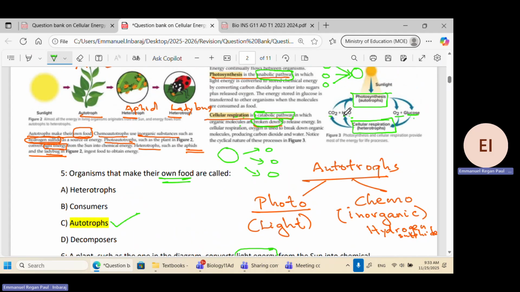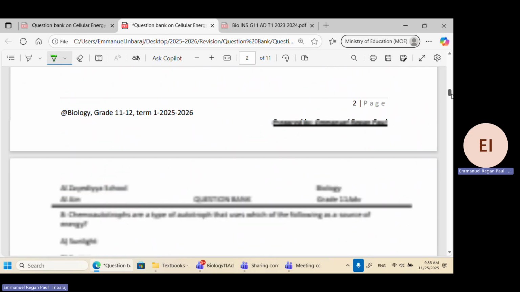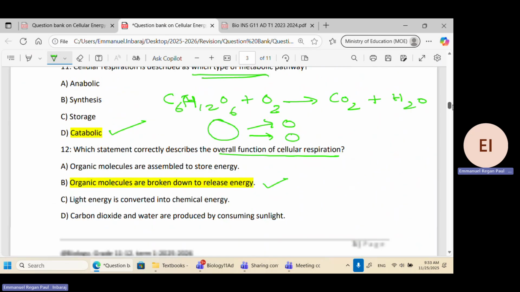You see, this is cellular respiration, right? So you see CO2 plus H2O. These are the reactants of photosynthesis, and when you look at this, they are the products of cellular respiration. So don't forget. That's how you get this answer.